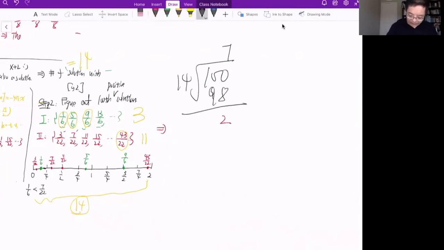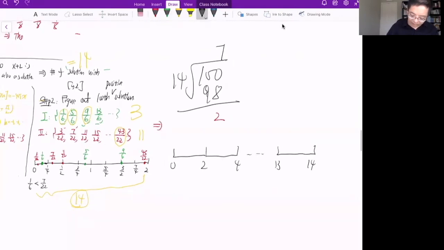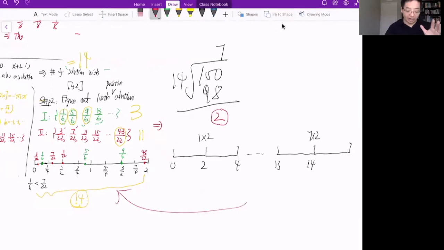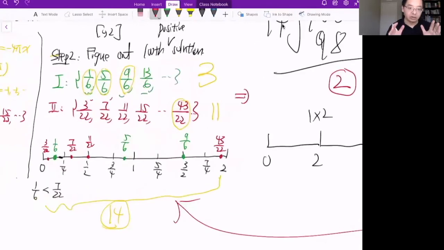If I draw the picture, we start from 0 to 2, 0 to 4, and all the way. Here is 13 to 14, right? We have 7 of them, so it's 7 times 2, and we also have 2 remaining parts. So if we go back to the picture and look at the interval 0 to 2, it's easy to see this is number 1 and this is number 2.